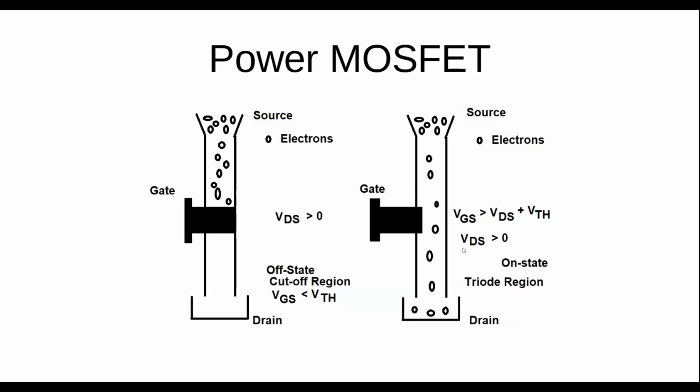So you have VDS greater than 0, but also a large current. So you have power dissipation. You've got a current and you've got a voltage, or for MOSFETs, we normally talk about RDS on. For that reason, you're going to have heat.